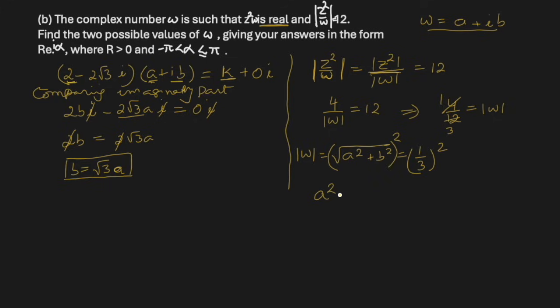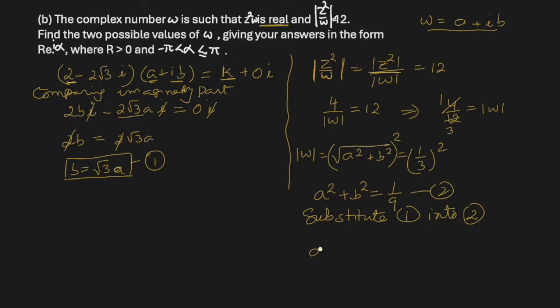So a square plus b square equal to 1 over 9. And now we know the relationship b is square root 3 a. So let's call it equation 1 and this one equation 2. Substitute 1 into equation 2.